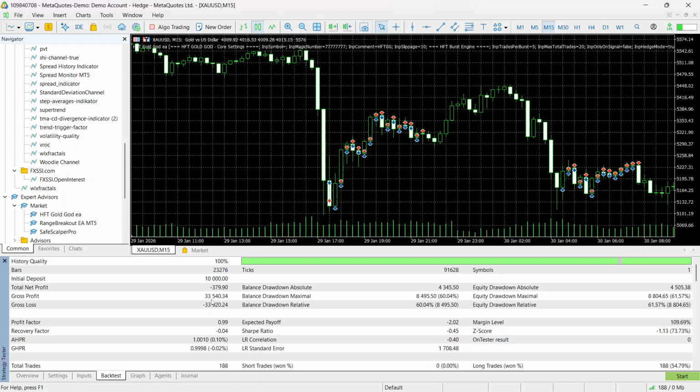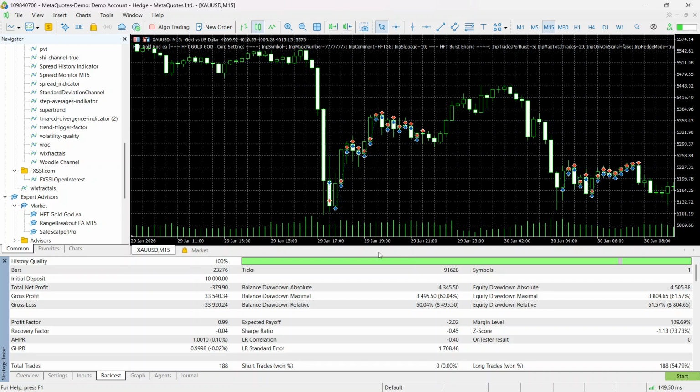Despite making $33,000, the loss was still higher. Now, equity drawdown was even a bit higher at roughly 61.5 or 61.6%.